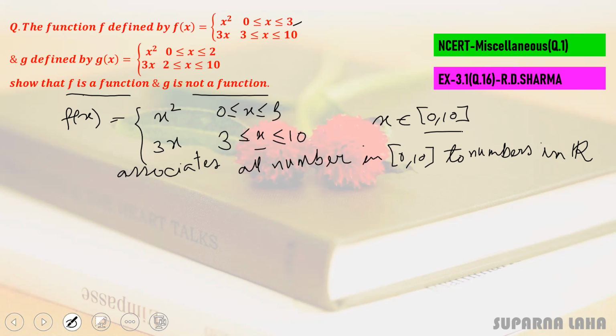So every element between 0 to 10 is associated with a number in R. So that means every element from 0 to 10 has an image.